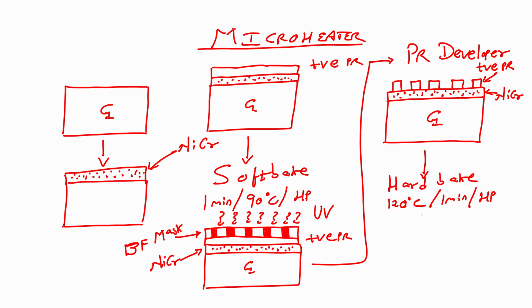right. Next step is we will dip this wafer in nichrome etchant, this is wet etch. When I dip this wafer in nichrome etchant, what will happen?